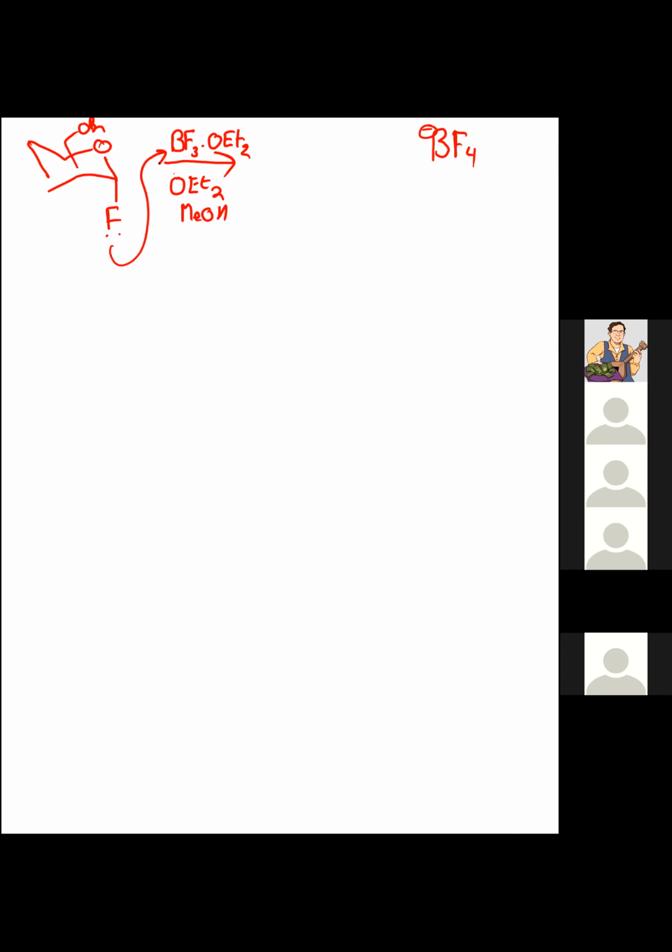And so this is a Lewis acid. Again, we're going to get back to this language. This is a promoter. So we lengthen that bond. I'm going to be a little squirrely about where my charge is.